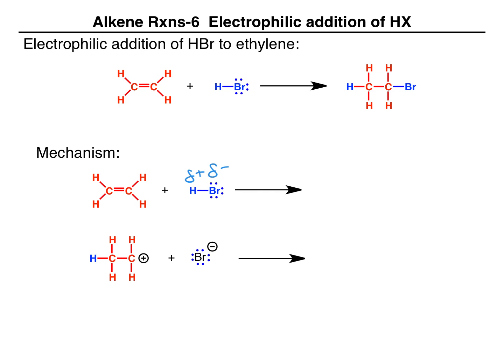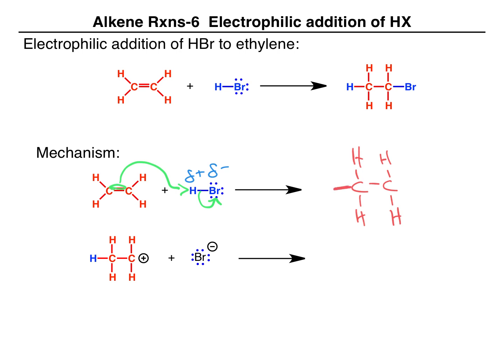The alkene can act as the nucleophile. In other words, the pi electrons can be shared with the hydrogen, pushing these electrons onto the bromine. What that gives us: this carbon is still connected to the hydrogens, still connected by the sigma bond to the other carbon.